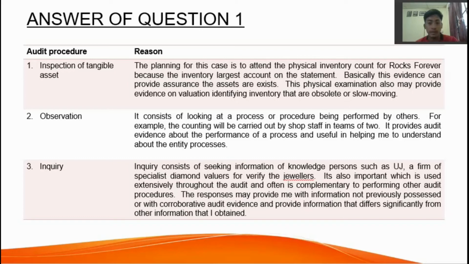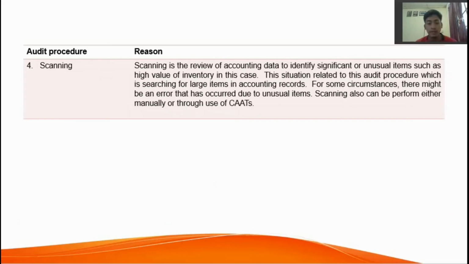The third audit procedure is inquiry. Inquiry consists of seeking information from knowledgeable persons such as UJ, a firm of specialist diamond valuers, or the jewelers. It is used extensively throughout the audit and often is complementary to performing other audit procedures.